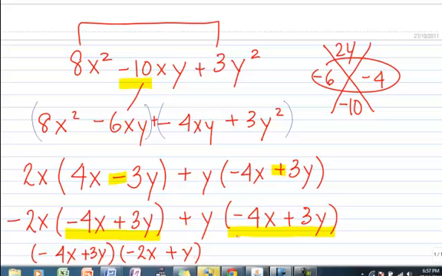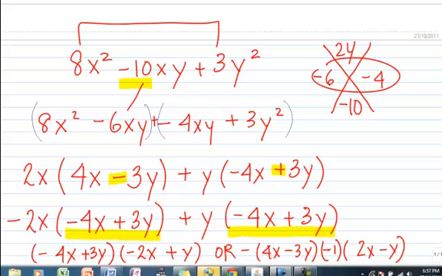Or if you want to factor a negative 1 out of each bracket, it becomes negative 4x minus 3y times negative 1 plus 2x minus y. Let me just erase that plus sign, it's very annoying.